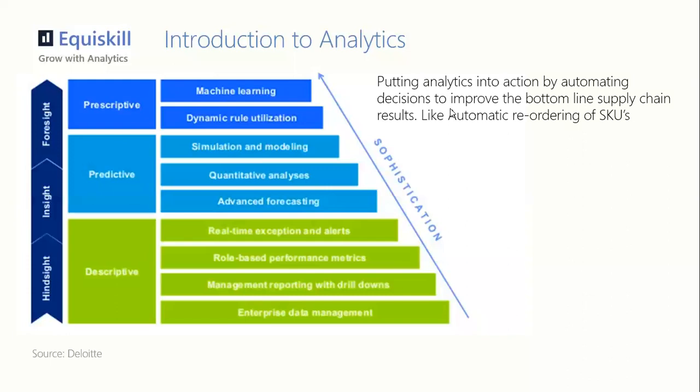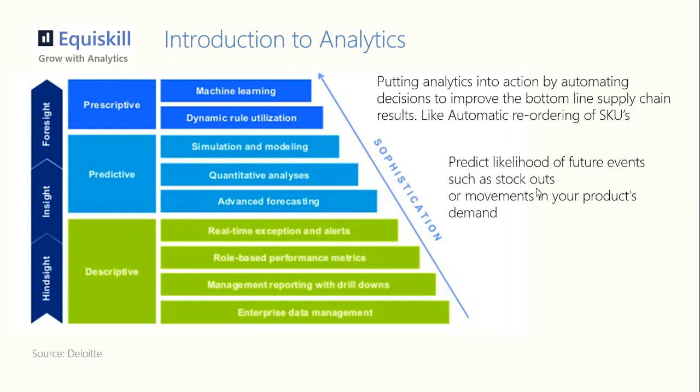Examples would be, for example, in prescriptive analytics, automating the decisions regarding the supply chain, like automating the reordering of certain SKUs or products which are about to get stocked out. Examples of predictive analytics might be predicting the products that are about to run out of stock and making sure that we have stock.